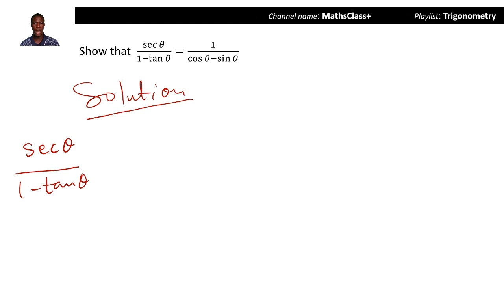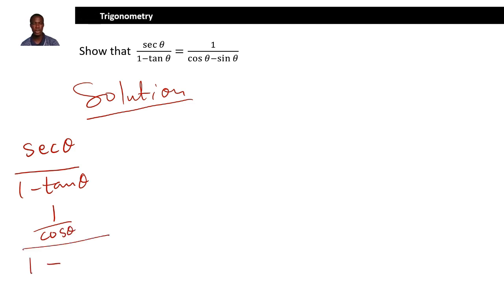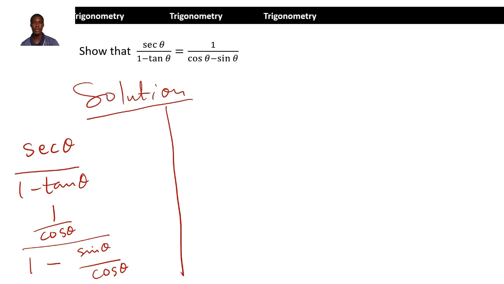Now, first of all, I will rewrite them in their original ratios. So sec is 1 over cos theta, and then tan, so 1 minus sine theta over cosine theta. Then I will try to simplify.